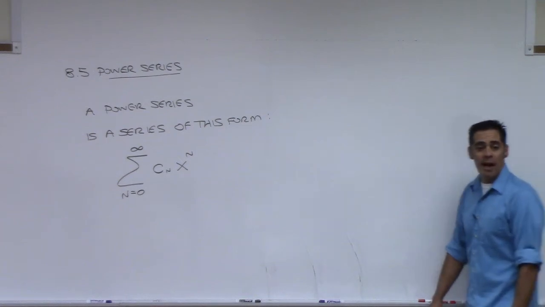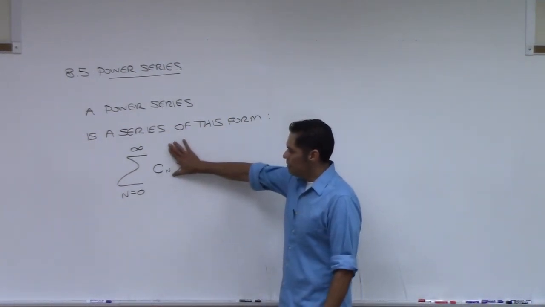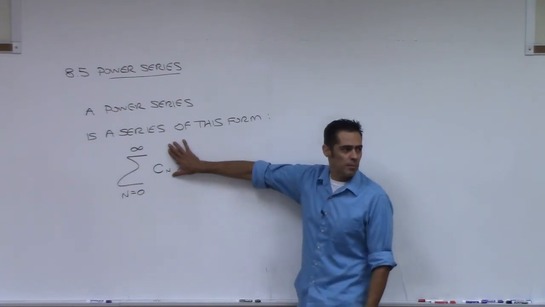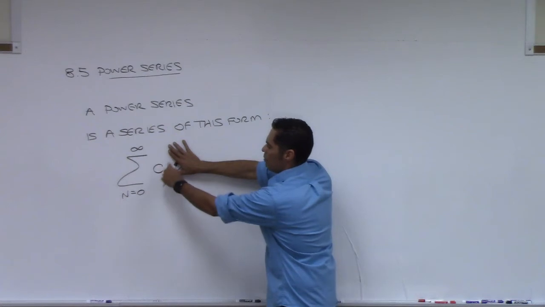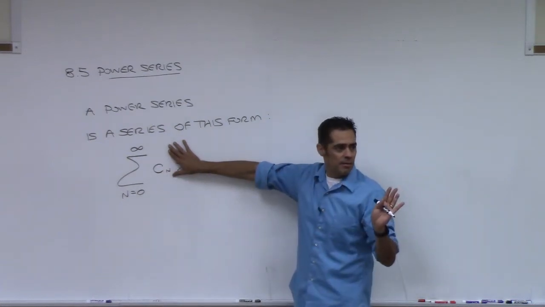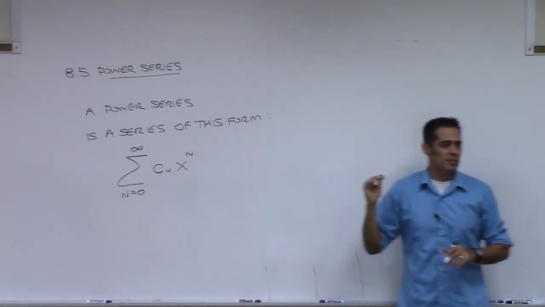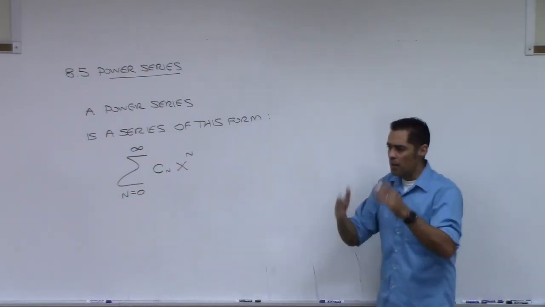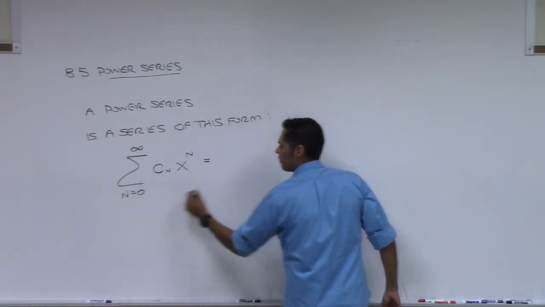So first thing I'll point out is that we have looked at this before. This is what the previous sections were about. Series where we had a bunch of numbers being added up, right? Now what we're throwing into the mix is that next to each number is a power of x. So let's write this out. If we plug in n equals 0, what would we get?